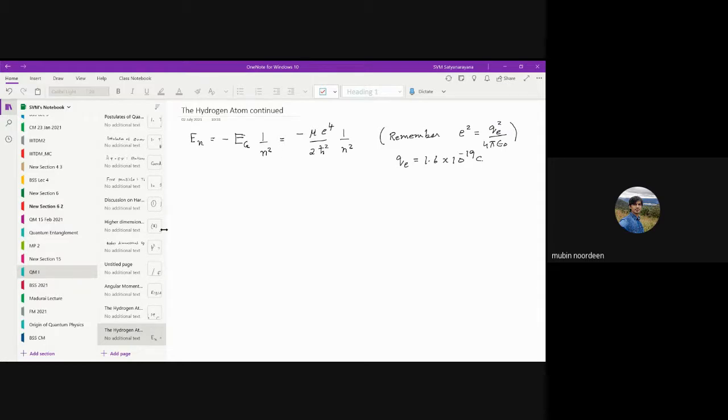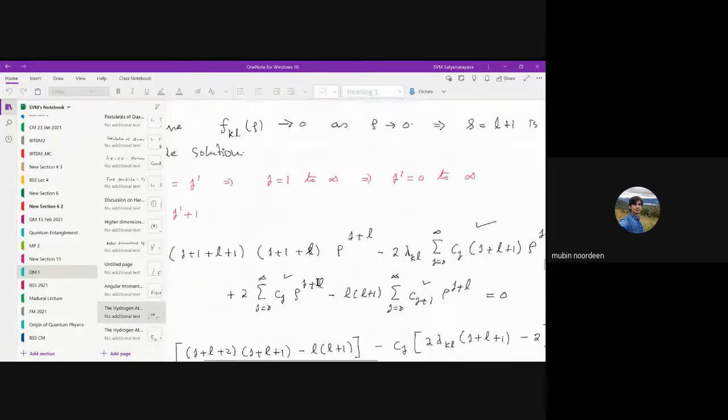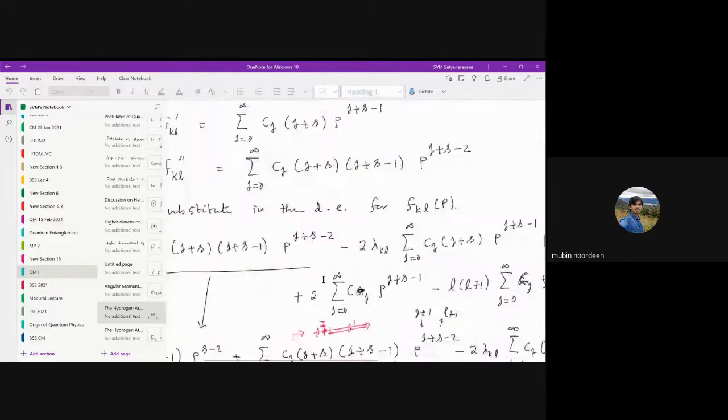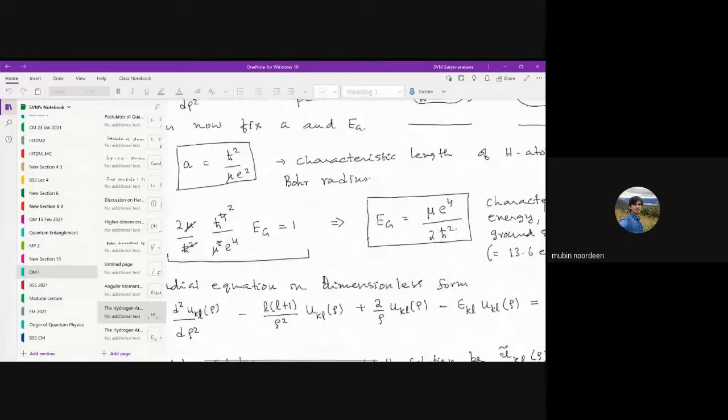And of course, we also have another important length scale of the problem, which we determined early on when we tried to non-dimensionalize this differential equation. This is Eg that we have calculated, and h bar square by mu e square, that is the length scale.